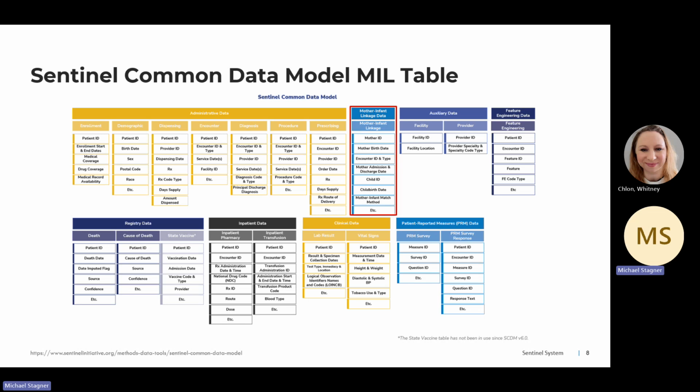We also create facility and provider lookup tables for facility location and provider specialty, and those link back to the initial core tables. Then in this webinar, we'll be discussing mother-infant linkage, which is sort of the second part after you've already transformed the utilization information. And more information on all these tables can be found on the Sentinel initiative.org site.